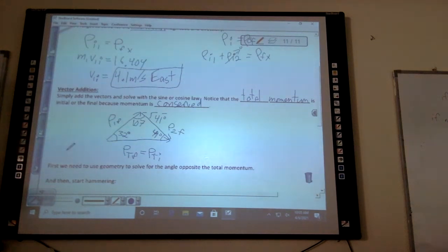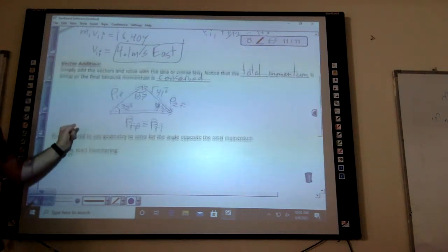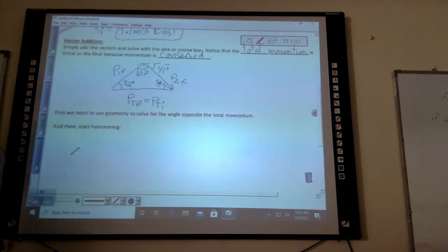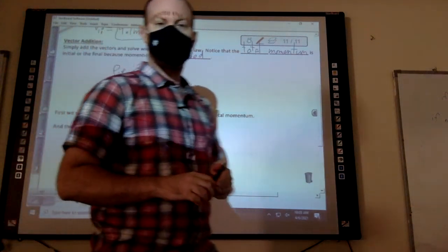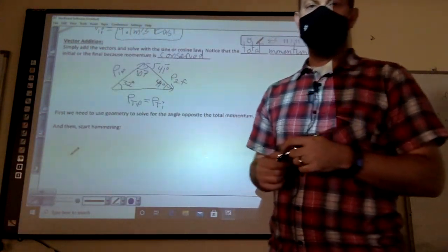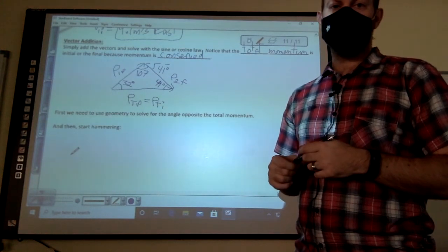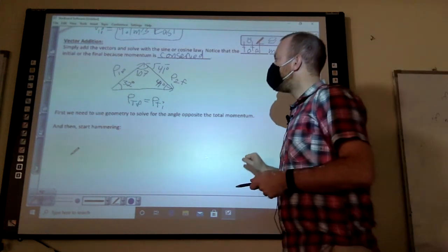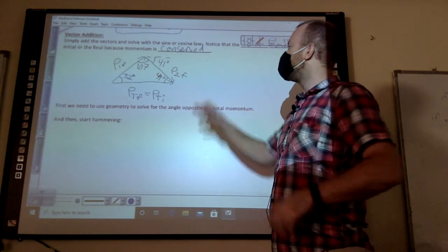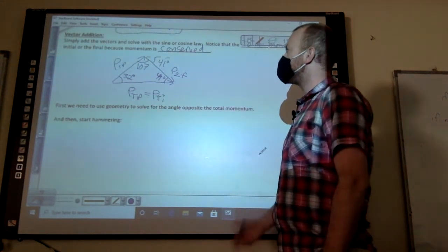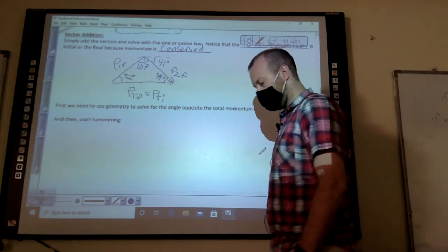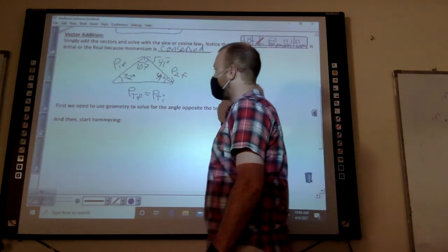From here, it's pretty easy to get what the total initial is. You could use the cosine law and figure out the other side if you wanted to. You could use the sine law. Either one works. I personally prefer the sine law. It looks a lot nicer.